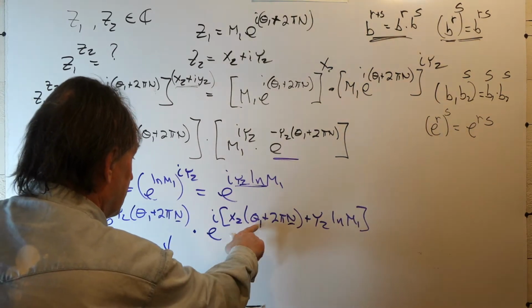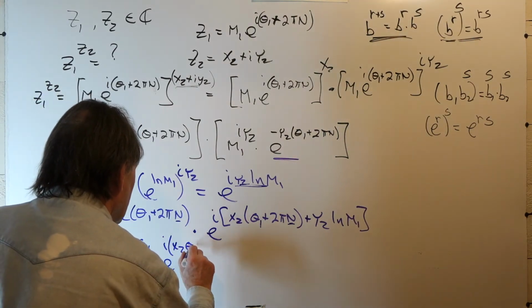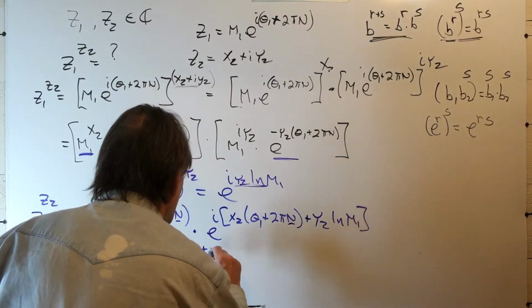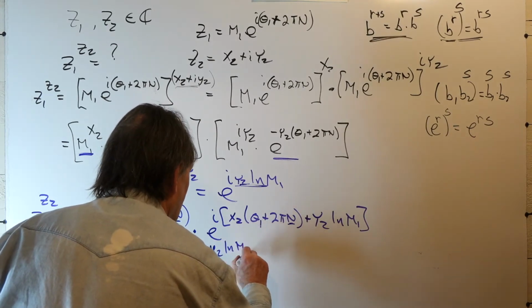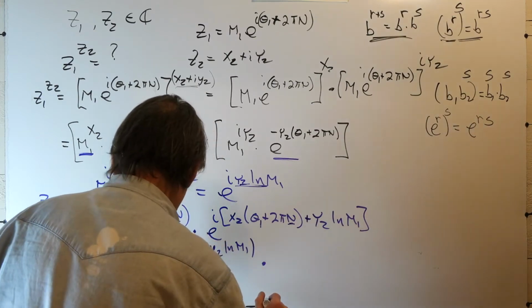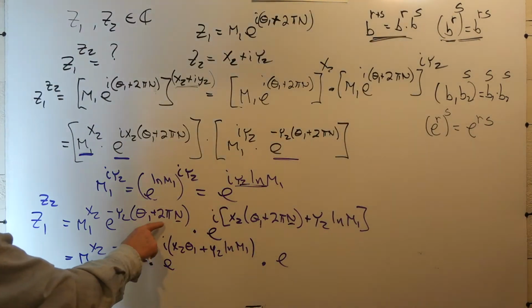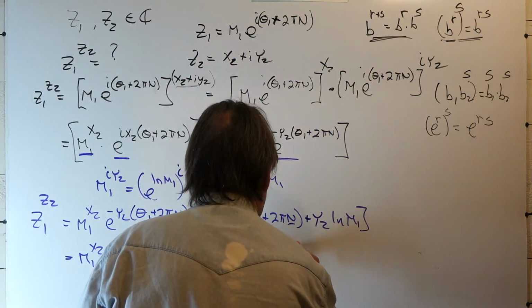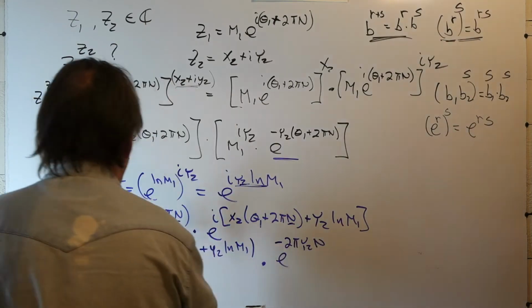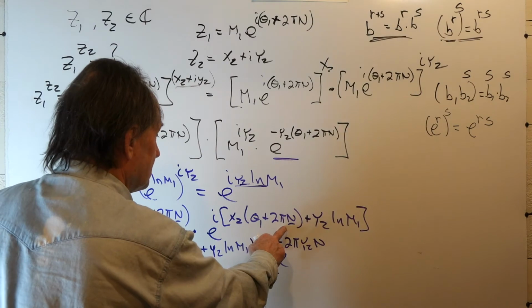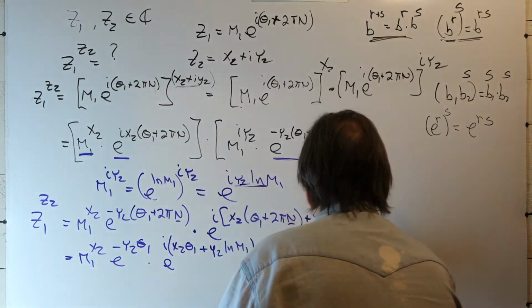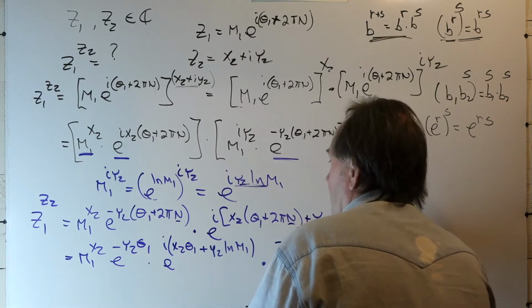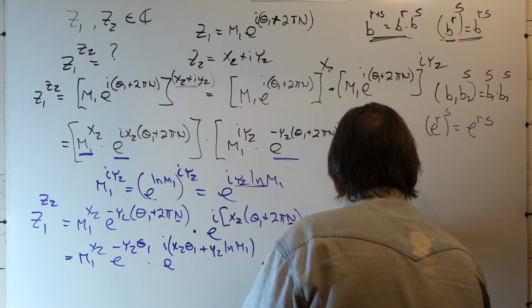Now we have an x2 theta 1 plus we have y2 natural log of m1, and then we have a minus y2 2 pi n, so this becomes minus 2 pi y2 n from this term, and then we have an x2 times 2 pi n, so e to the I 2 pi x2n.